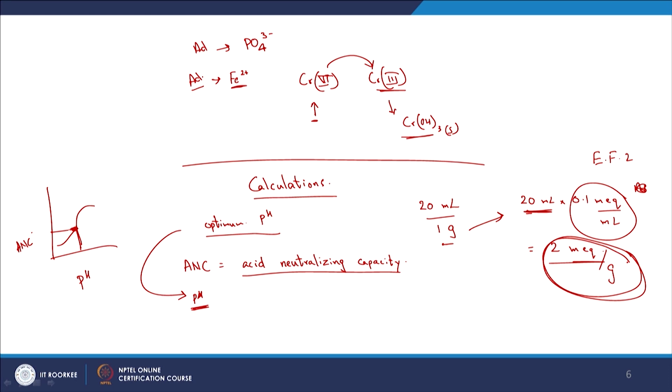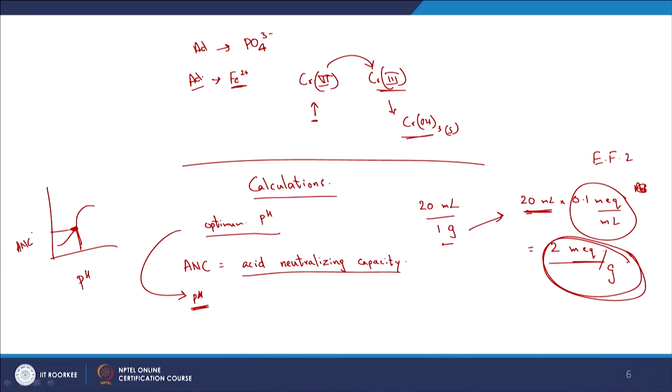But the key here is that fly ash has its own acid neutralizing capacity. Water, let's say, might have some of its own acid neutralizing capacity. Cement certainly will have, because again, cement is relatively higher pH, right? And what else now? I think the waste itself, right? So you have different aspects that are taken into account. But the total acid neutralizing capacity should end up being 2 milliequivalents per gram. And how am I going to get that?